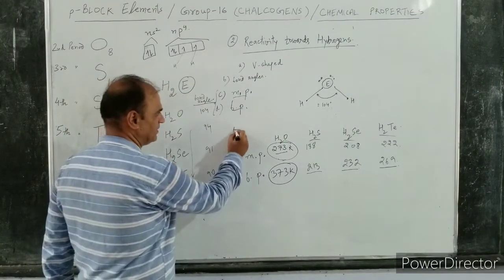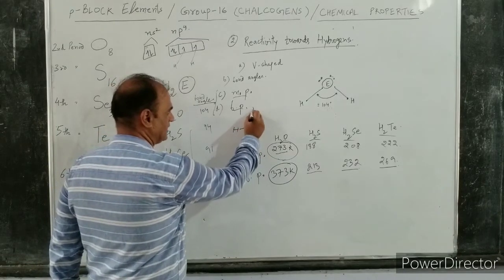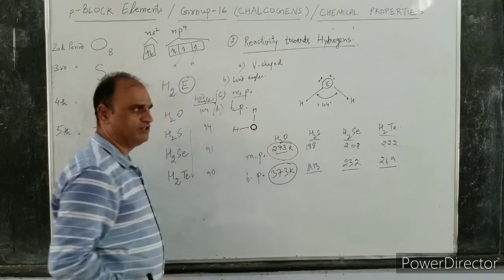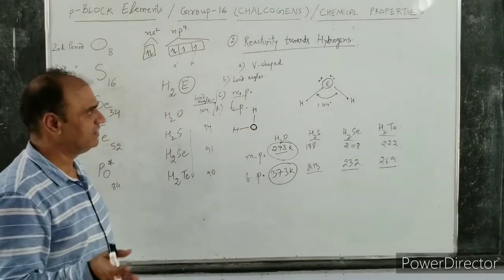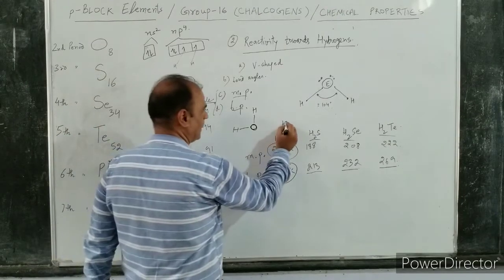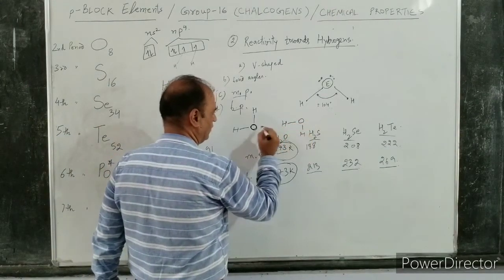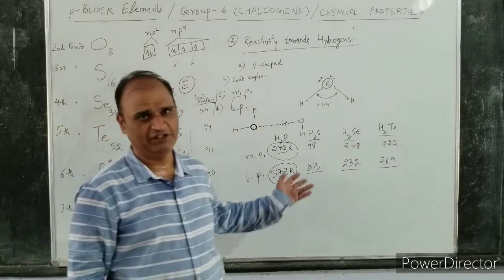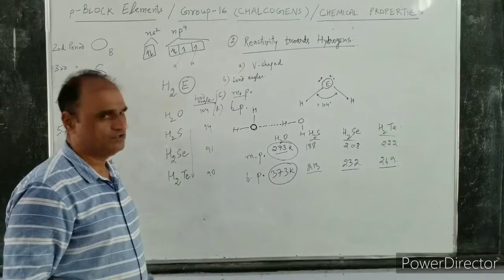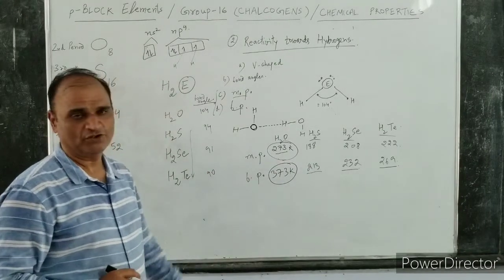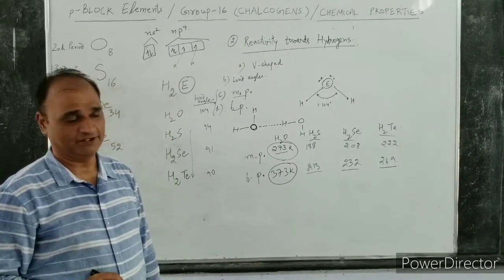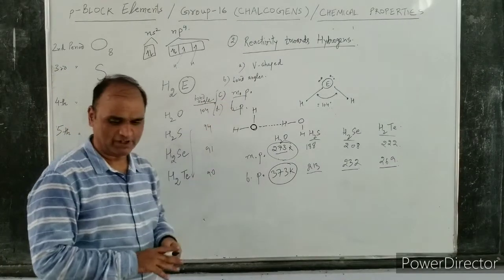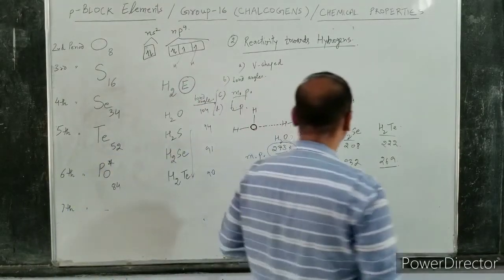H bonding means when an H atom is bonded to a highly electronegative atom, which are only three, fluorine, oxygen and nitrogen. Then some kind of attractive forces come into play, which are stronger than all intermolecular forces, and these forces are called H bondings. So due to H bondings, water is showing this exceptional behavior. So this is the third and fourth concept about these hydrides.